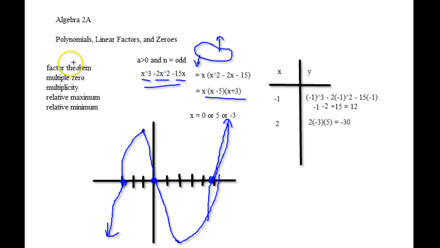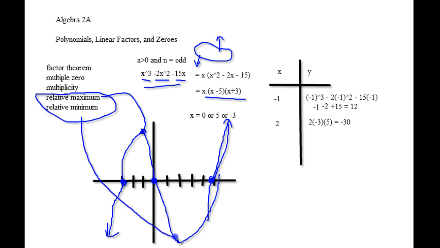So you can use this to work this way. Now, we also need to understand some terms. First off, the most basic ones, relative max and relative min. Relative max is kind of like the top of the hill right here. So the relative max is going to be right there. Relative min is going to be down here at this lowest spot.